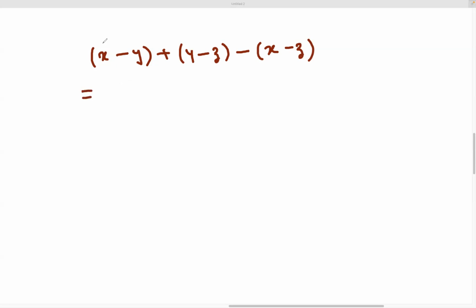We could bring these values together, so let's use a different color. We could bring all the x's together, so that's the x. Then we could bring the y's together, which are these two y's. And finally, we could bring the z's together, which is going to be that and this one. So we have two of these.